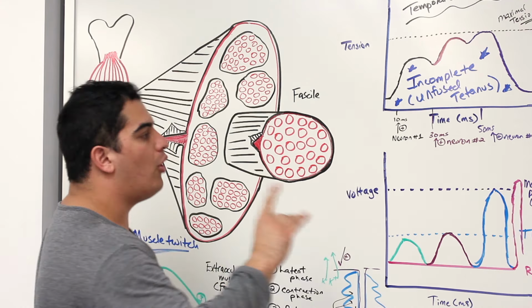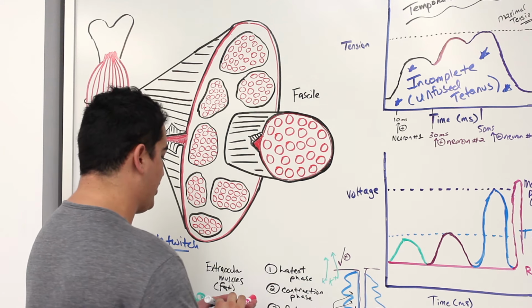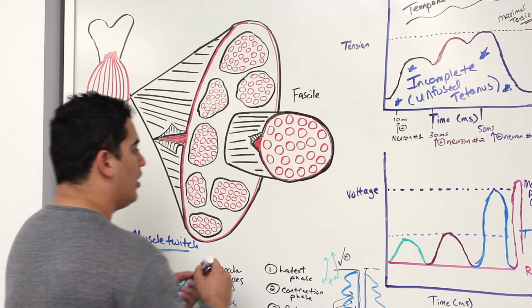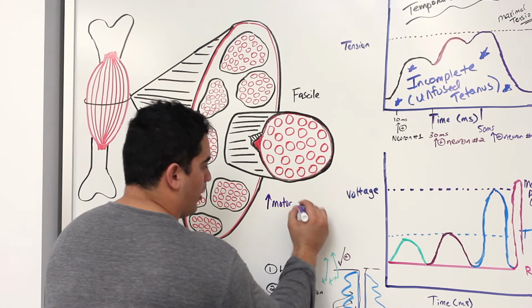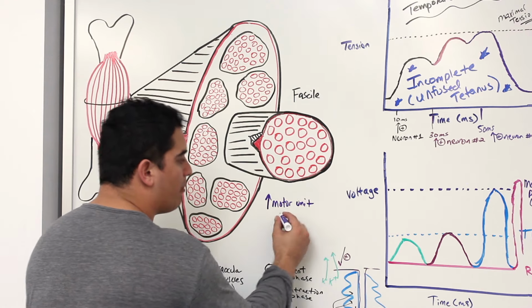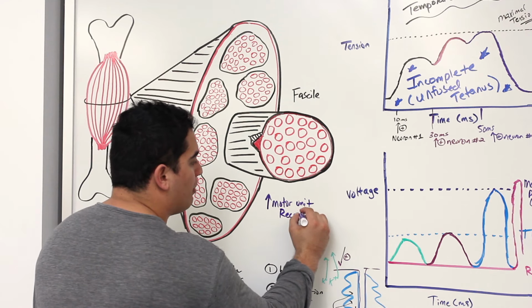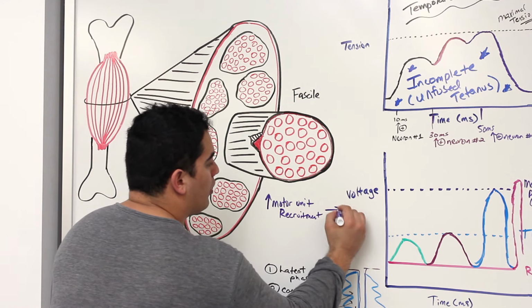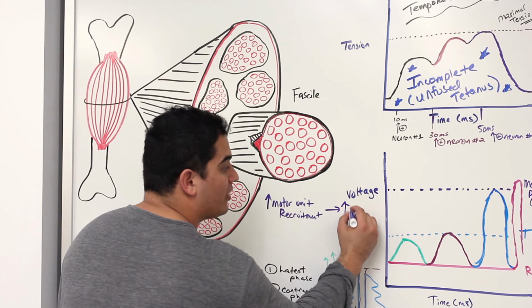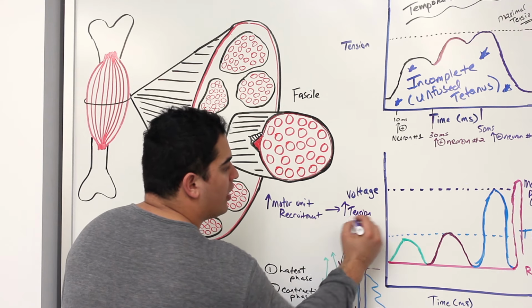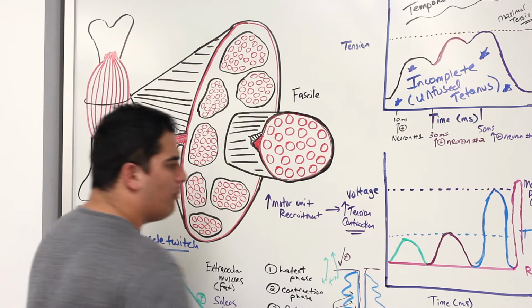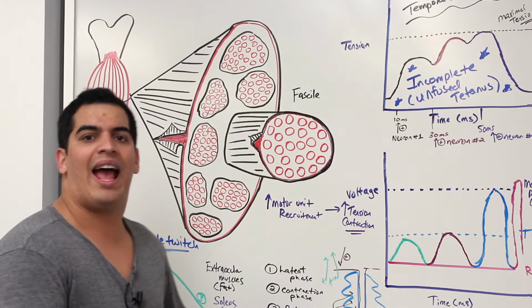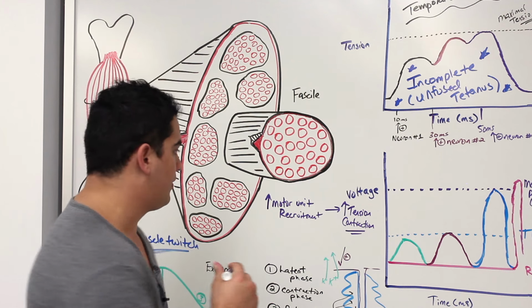No, because of this relationship here, so let me write this down. The greater the motor unit recruitment, the greater the actual tension or contraction, okay? So this is for being able to carry out more profound, heavier types of loaded reactions.